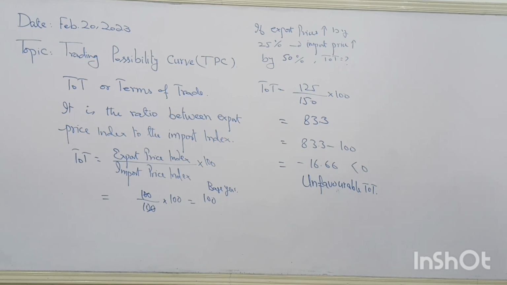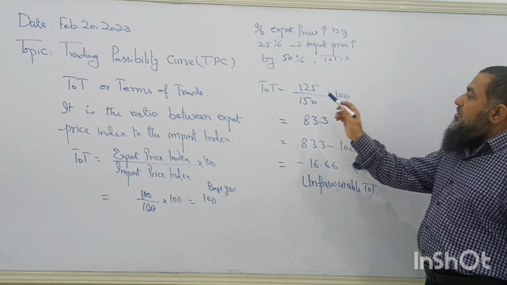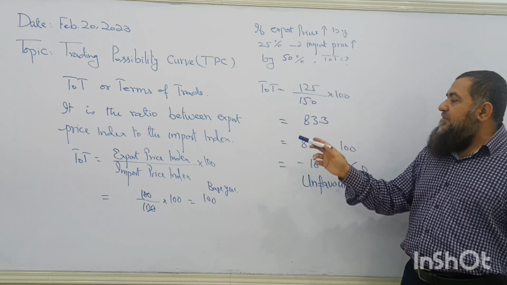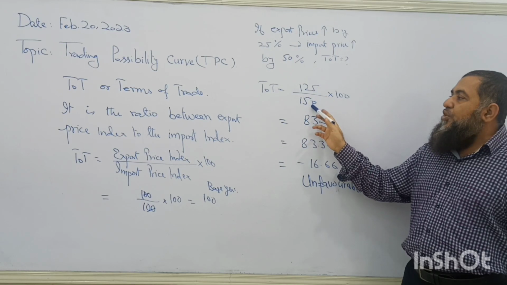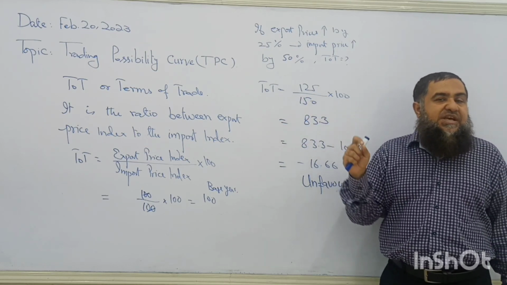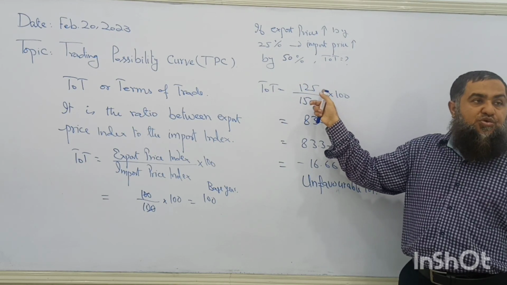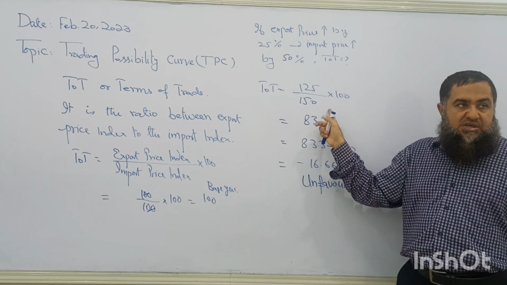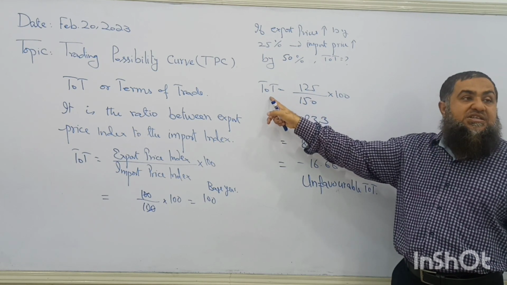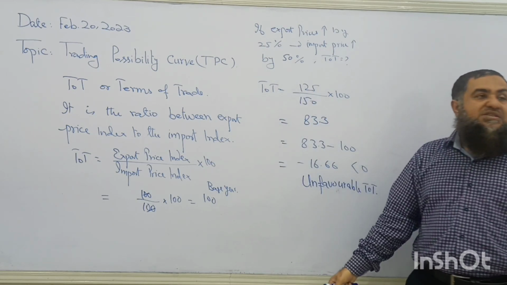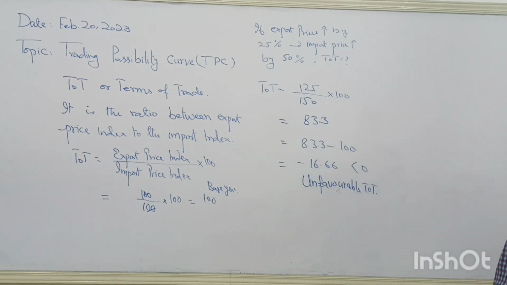One more thing, in your MCQs the values are given, like export price, import price. Any type of MCQ we will see after the completion of this syllabus, how prices are going to affect the terms of trade. So that will be in our next lesson.